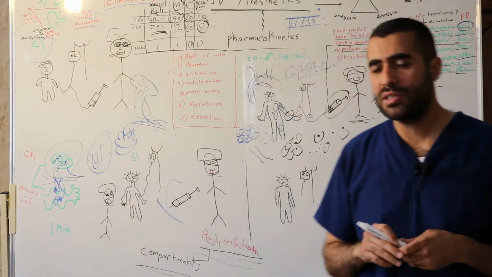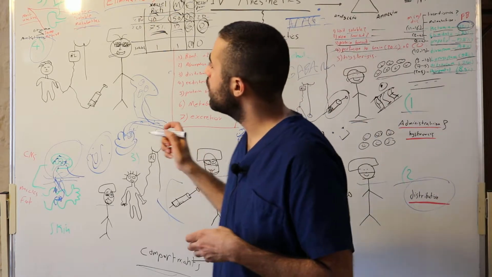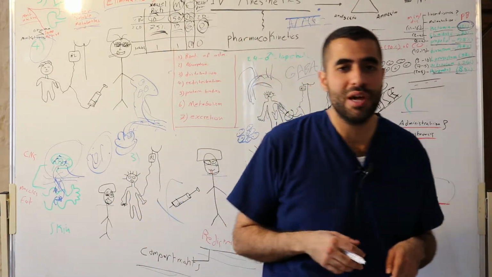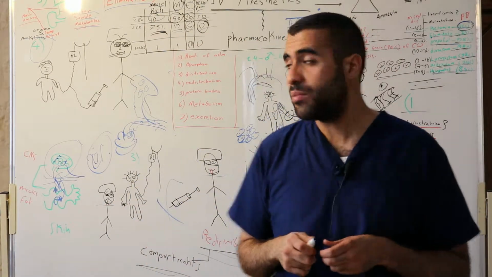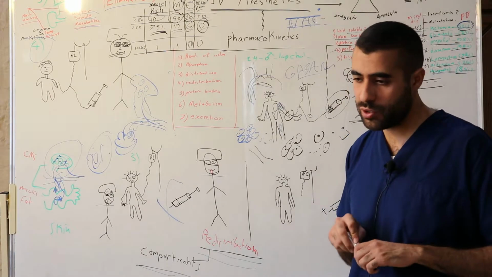Many active metabolites. Most of the metabolites are inactive, but some of them, like norketamine, oxazepam, and hydroxymidazolam, are active metabolites that may prolong the action of the drug, okay?